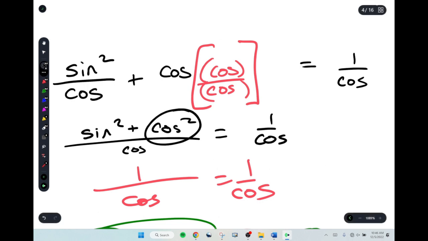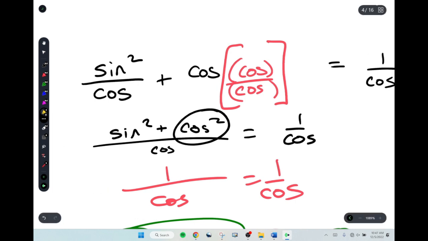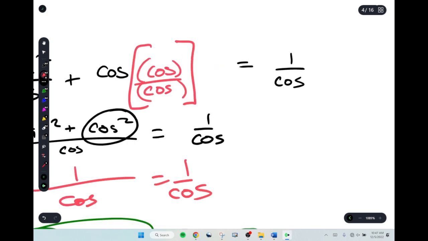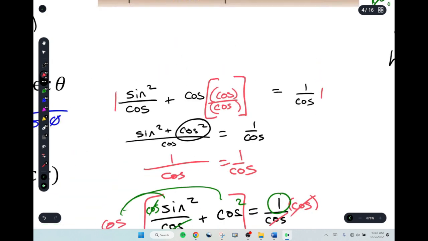If you're multiplying the top and bottom, and you have sine squared over cosine, wouldn't that make the bottom cosine squared? We didn't multiply this term by that. We only multiplied this term by that, because we wanted a common denominator. We multiplied this term by 1, just straight up 1, and we multiplied this term by 1. So technically, we multiplied every term by 1. Just one of them's helpful and the other 2 are normal.